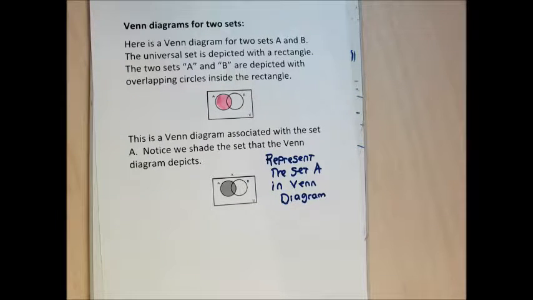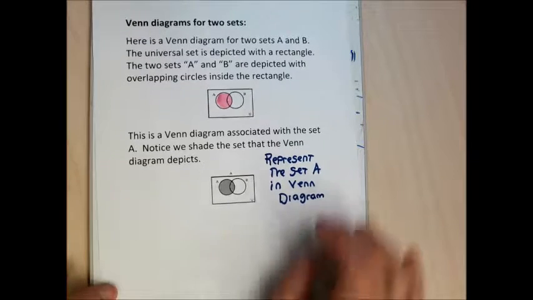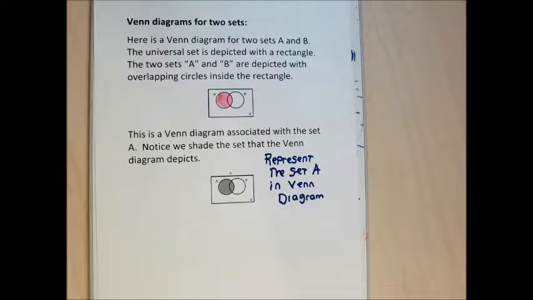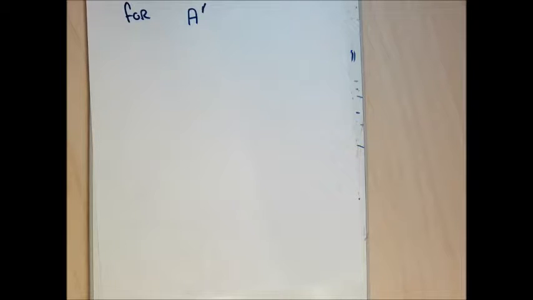And so before we get to the problems, we have to understand how to represent different sets using Venn diagrams, and I'm going to do that without using my typing, and this will supplant what I have typed up.